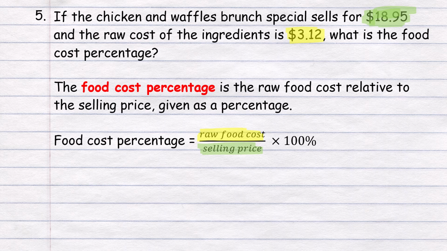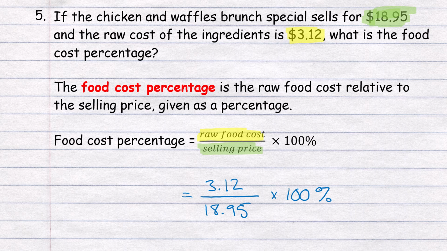Right, so food cost percentage should equal the raw food cost, which is $3.12, divided by the selling price, which is $18.95. So we put that into a calculator. That will give us a decimal, 0 point something. And then the times 100 is converting it from a decimal to a percentage.